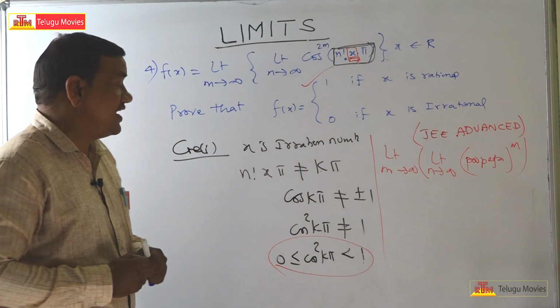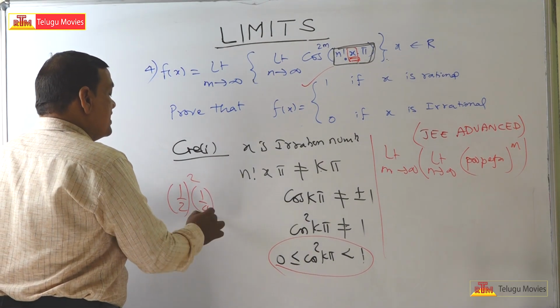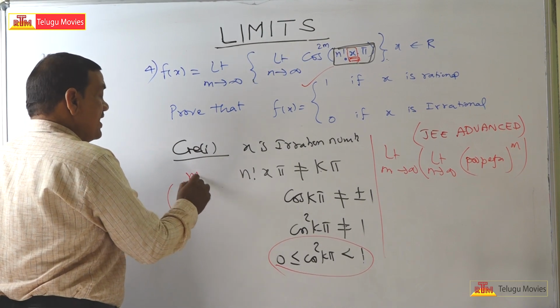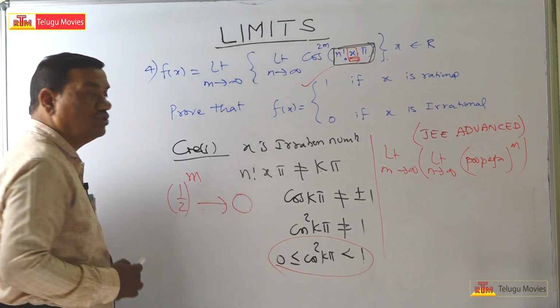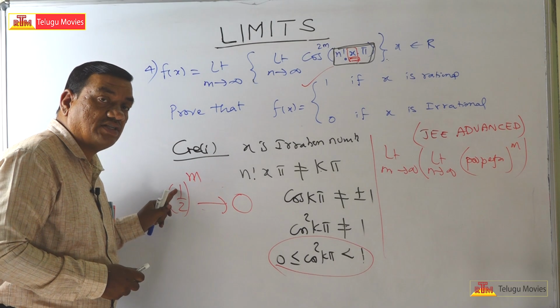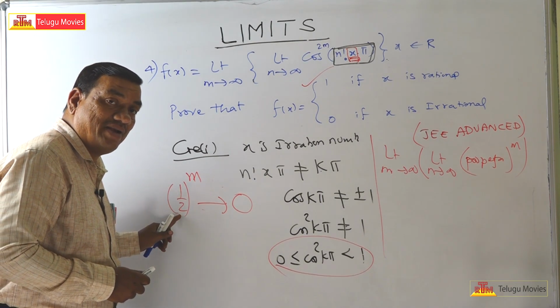See here, proper fraction means what? 1 by 2, 1 by 4. If you go on raising the powers for a proper fraction, this power m, the total value approaches 0. Just a previous problem also I explained. It is a proper fraction, 1 by 2, 3 by 4, 7 by 8, proper fraction.